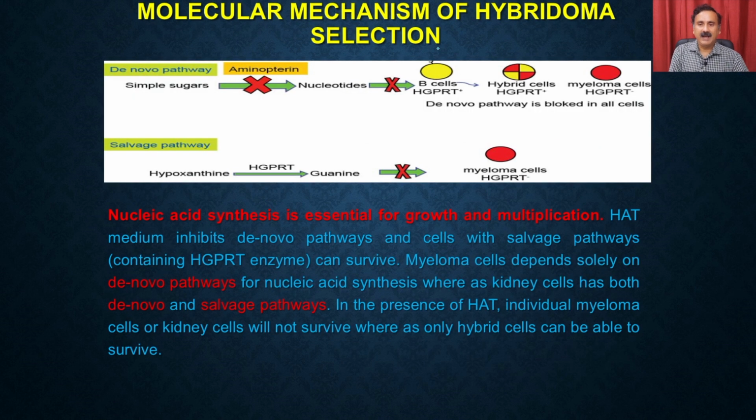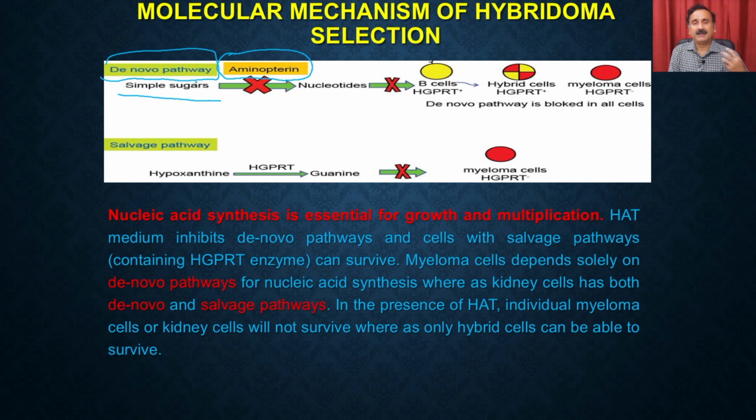Because the HAT media has an inhibitor called aminopterin, right? That aminopterin is going to block the de novo DNA synthesis pathway. So the pathway which can use simple sugar to synthesize the nucleotides is going to be blocked.